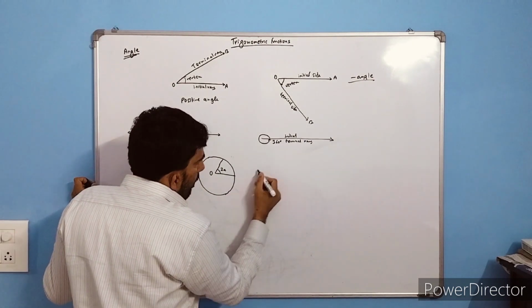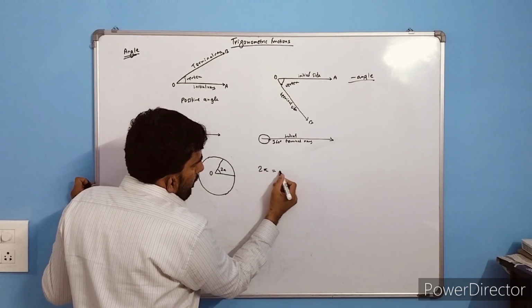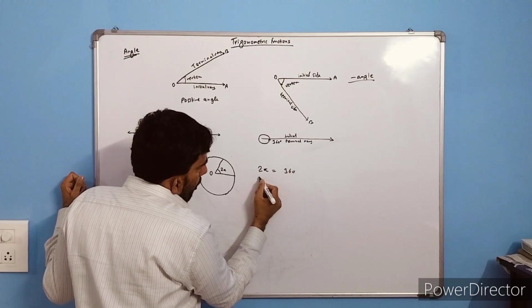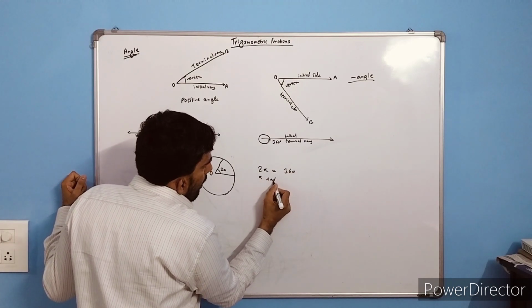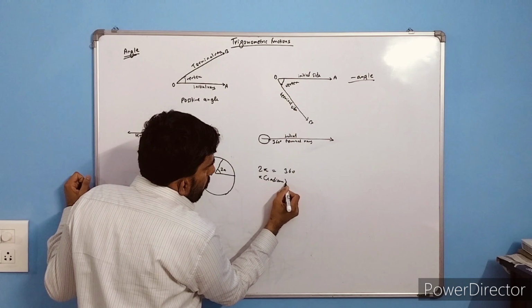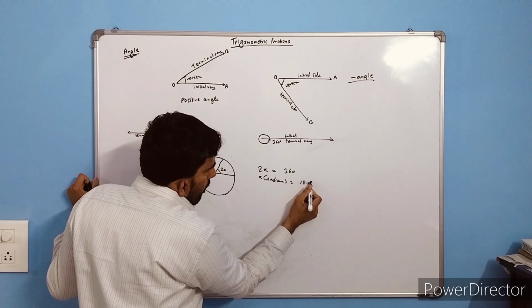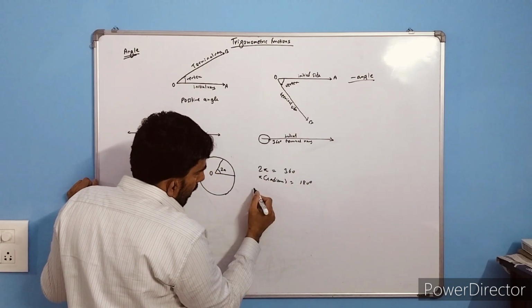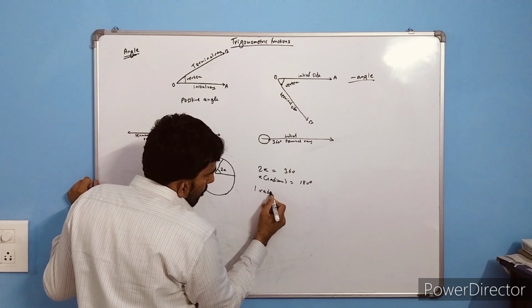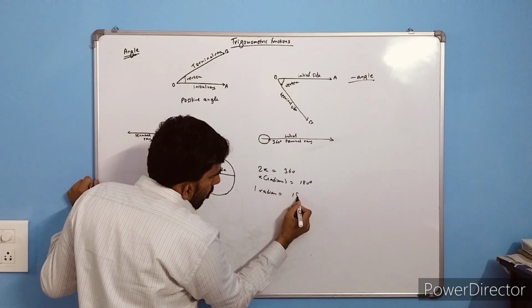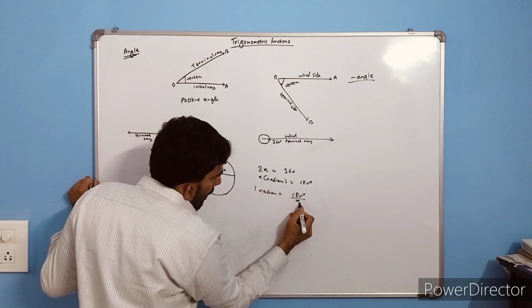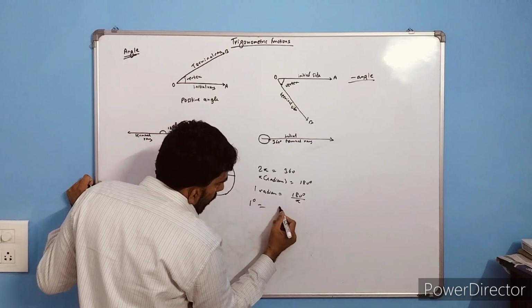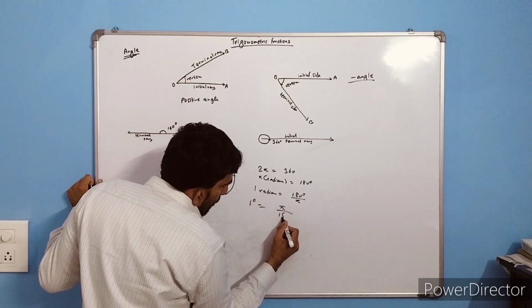So we can say 2 pi is equal to 360 degrees, or pi radian is equal to 180 degrees. So 1 radian is equal to 180 degrees upon pi, and 1 degree is equal to pi upon 180.